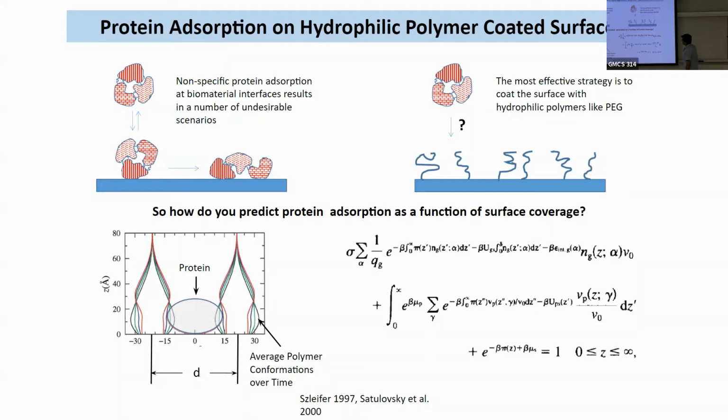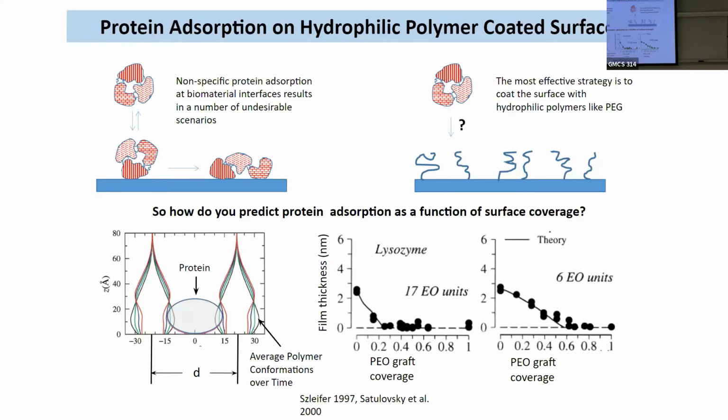It's a very complicated model. It had like 12 different parameters, right? Because the interaction between different elements of the protein to different elements of the polymer, interaction between different elements of the polymer and the surface, and all of that stuff, and the energy of bending for different bonds. So it has a lot of parameters, but you can explain the data very beautifully.